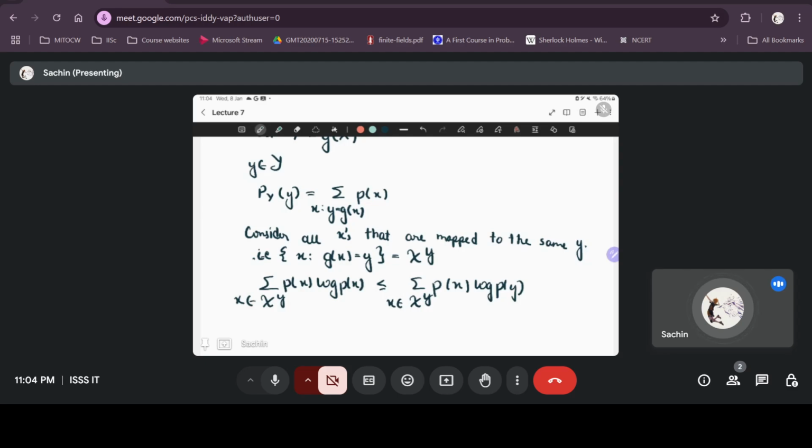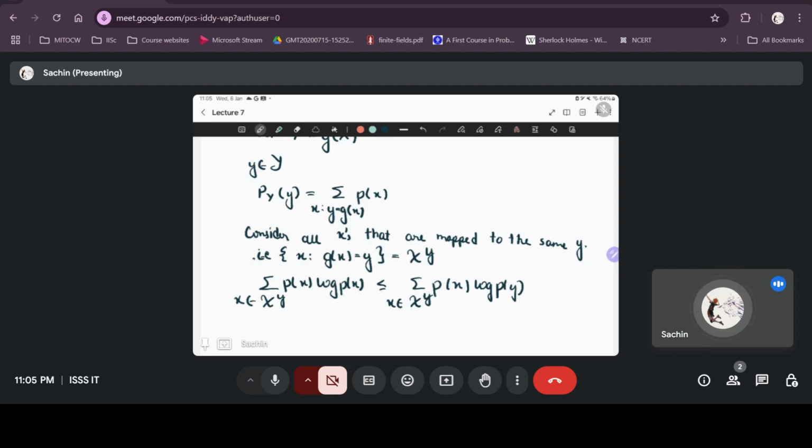If there is more than one value x that maps onto y, since the probabilities of each of those x's is non-negative, p of y, which is the sum of those probabilities, p of y is the summation of p of x for all x such that y is equal to g of x.